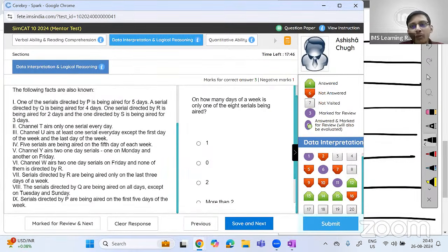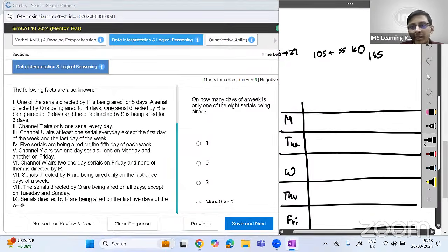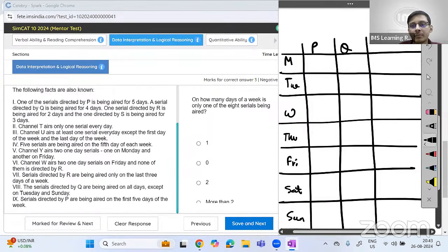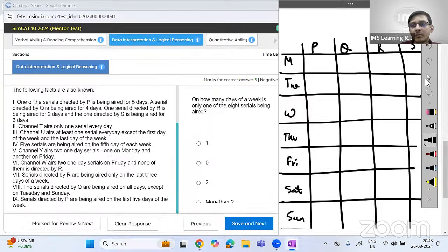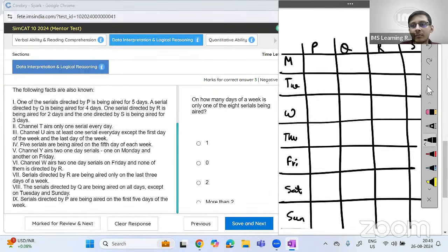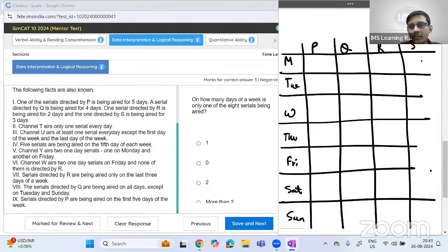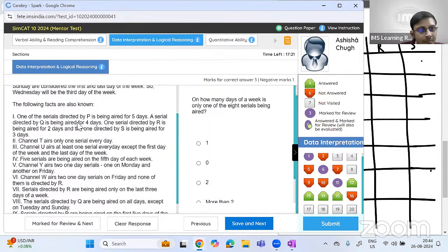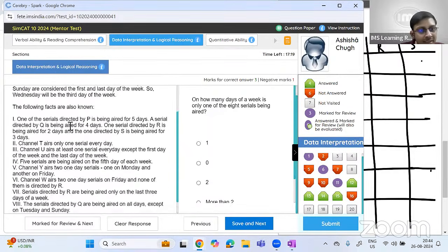Let me go with that. Seems like both of them will work. Let me go with PQRS. PQRS are of course the directors.